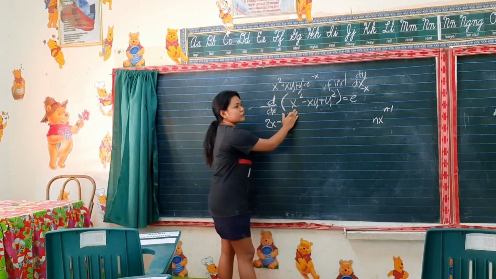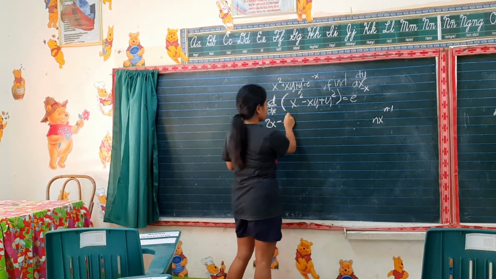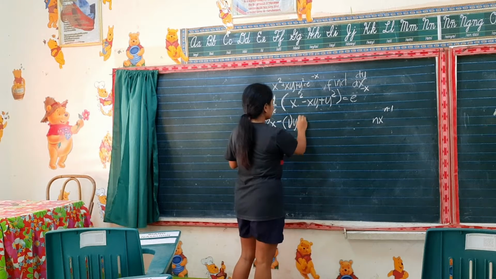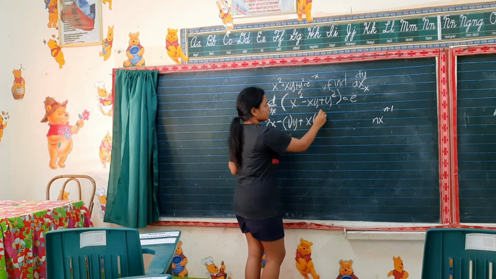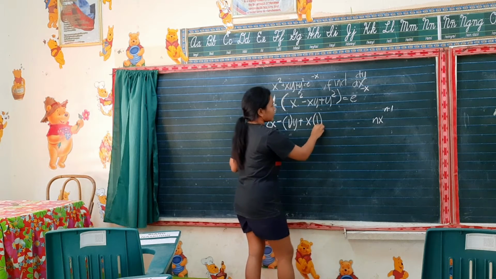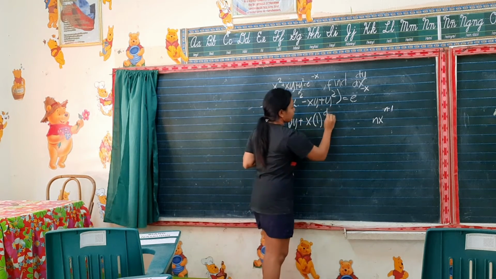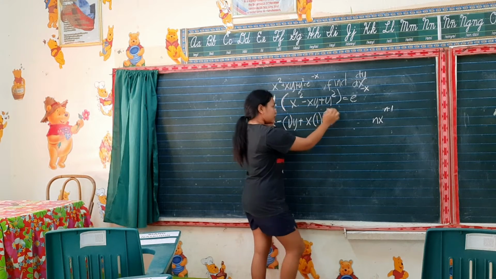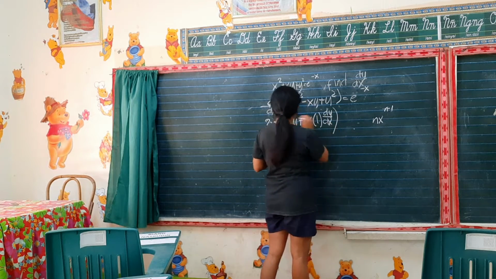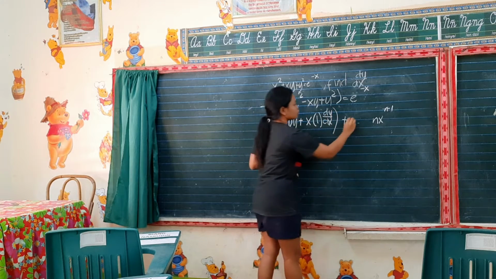And in this term, we use the product rule, and the derivative of x is equal to 1. Then copy y, then write x, then the derivative of y is equal to 1. And when we differentiate y, we need to write dy over dx. Then, in this term, we use the power rule, and the derivative of y squared is equal to 2y.